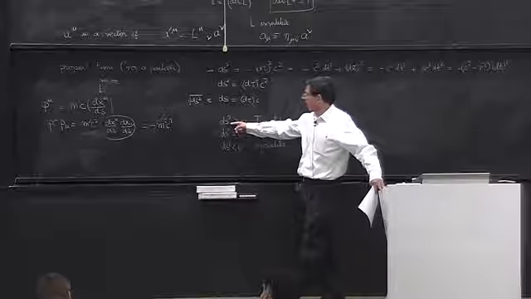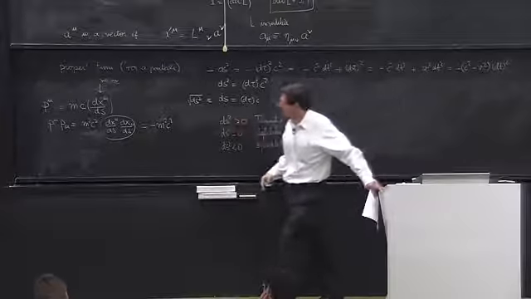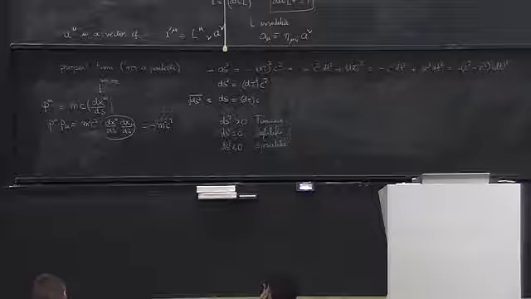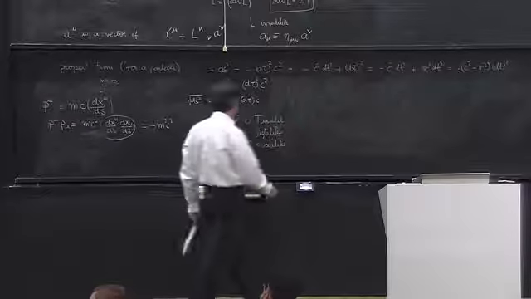Because ds squared is positive, and why is it positive? Because you change the sign and you get dx0 squared minus all this. And a lot of time has passed, but you haven't moved that much. So you're definitely time-like.